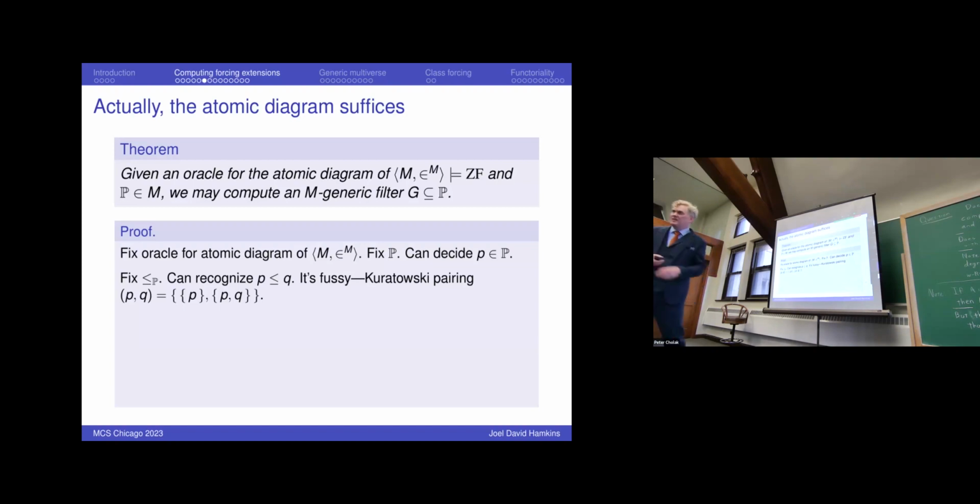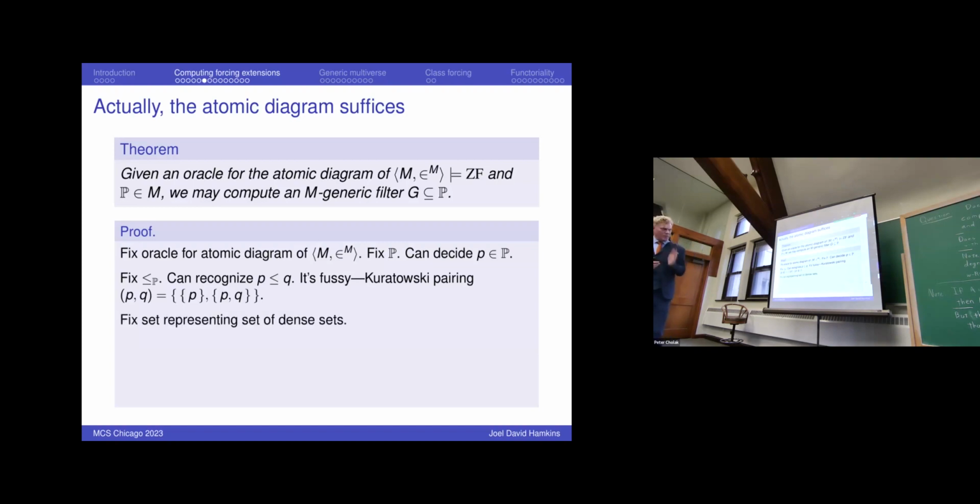So when P and Q are different, then I know that I found the ordered pair PQ is an element of less or equal. So it's this irritating thing having to do with the details of the coding of the pairing function. And if you use some of the other standard pairing functions, then it's not true. You can't compute it from the other ones. Okay. But for the Kuratowski pairing, we can do it, and that's a perfectly normal one to be using.